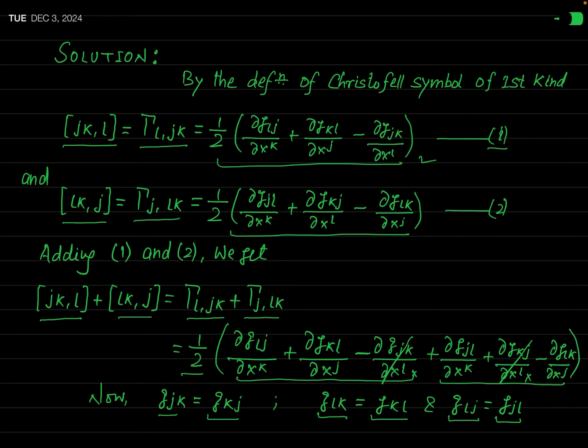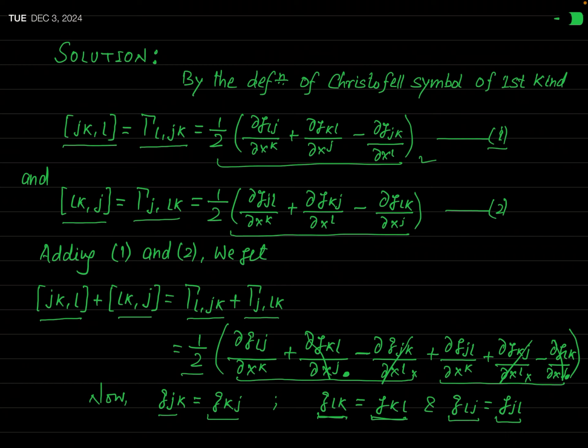Again let us see this last term, del g_LK by del x^J. I am writing here a dot and here also a dot. See these two terms. Since g_KL is equal to g_LK, this term which I am marking by this dot, and this term which I am marking by this dot, are both the same but the sign is opposite, so this will also cancel.